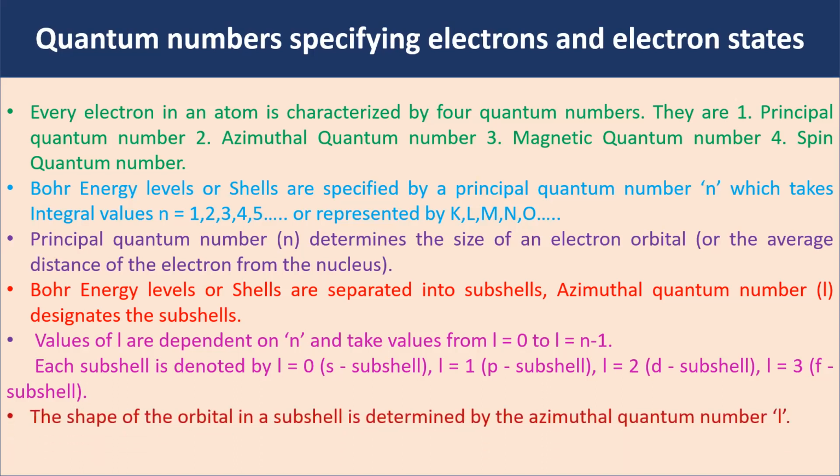The shape of the orbital in a subshell is determined by the azimuthal quantum number. The principal quantum number determines the size of the electron orbit, that is the distance between electron and nucleus, whereas the azimuthal quantum number determines the shape of the orbital.